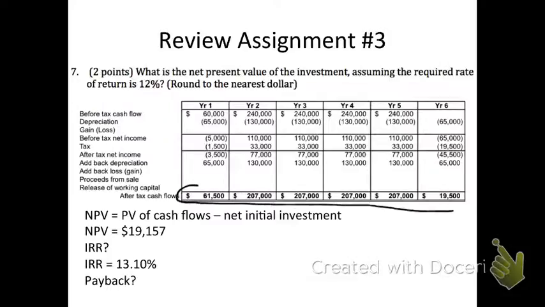So what you're looking at is you're taking these cash flows and comparing it to your initial investment of $607,000 and determining at what point you actually recover that $607,000. So you're just going year by year and determining what year you're going to recover that. And it turns out you're going to recover your investment in year 4. And so you should be able to calculate your payback at 3.64 years.